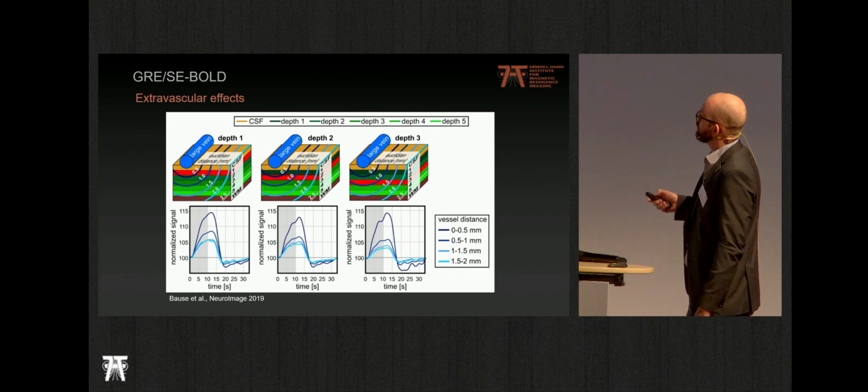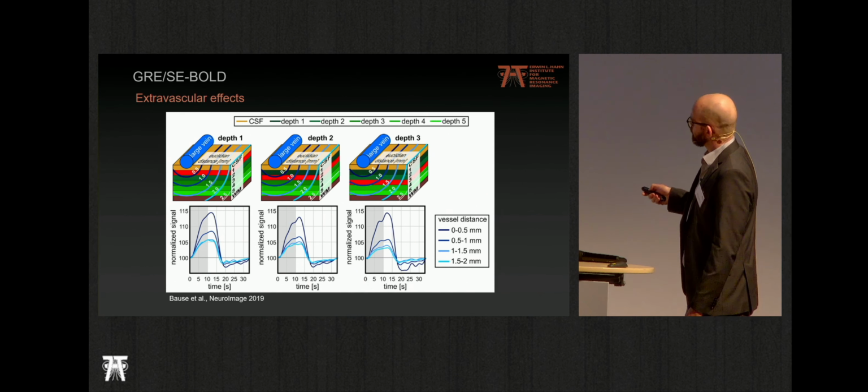This is shown here by Vaso et al., where you can see in these red areas, with depth 1, depth 3, depth 4, a normalized signal as a function of Euclidean distance to this large vein. The Euclidean distance is shown here in these isocontours.